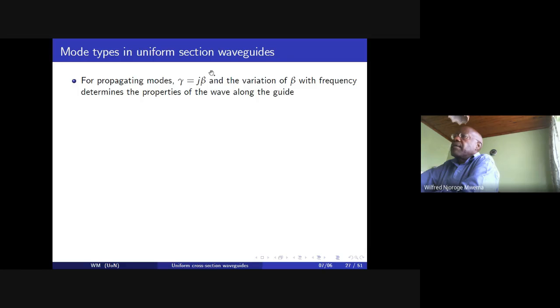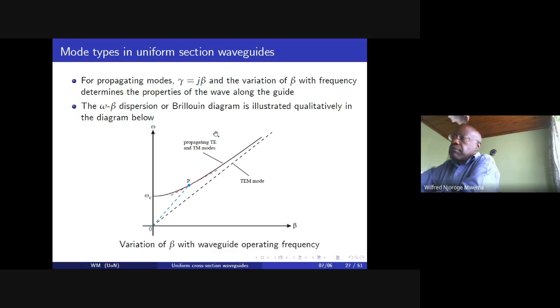Remember that β is related to k through that frequency correction factor, also called the dispersion factor. And therefore, a plot of ω, the radian operating frequency, against the phase propagation constant is usually referred to as the Brillouin diagram, and this is illustrated below.